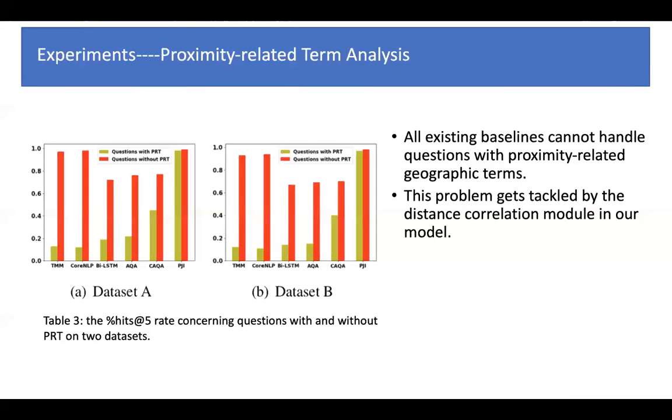This table shows the hits at 5 rate concerning questions with and without PRT on two datasets. From the table, we can see that all existing baselines cannot handle questions with PRT. However, this problem is tackled by the distance correlation module in our model.